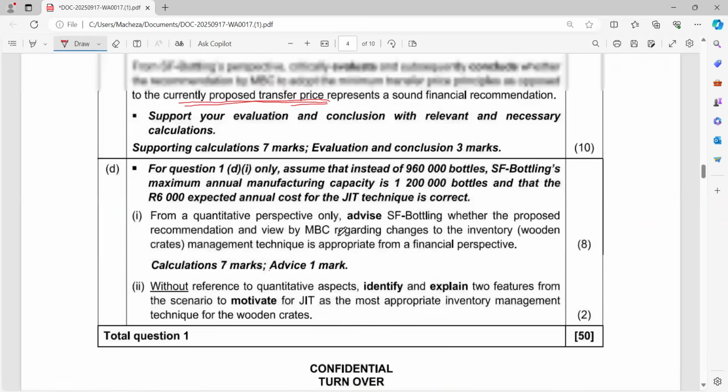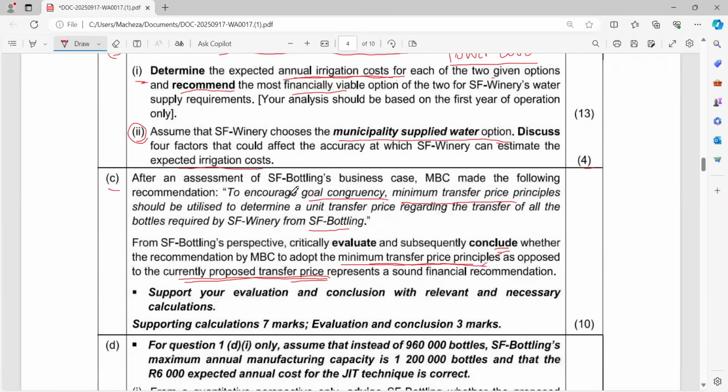Right, we are here: after an assessment of SF Bottling's business case, MBC made the following recommendation: to encourage goal congruence, minimum transfer price should be utilized to determine a unit transfer price regarding the transfer of all bottles required by SF Winery from SF Bottling.